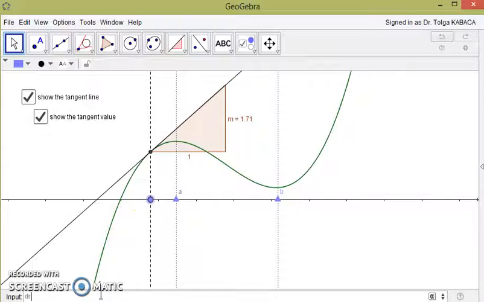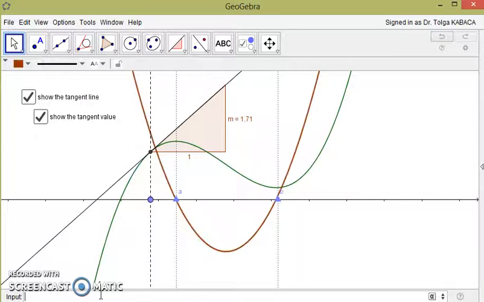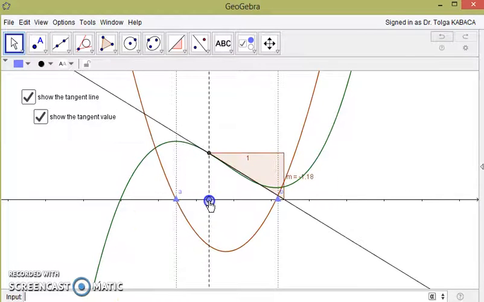We can also observe the derivative function like this. You can see that the first derivative of the function is positive from minus infinity to a, and the function is increasing.